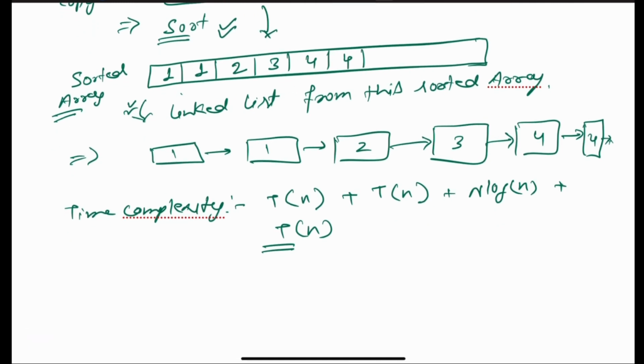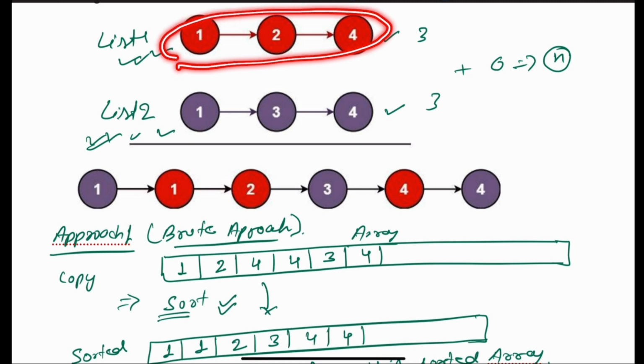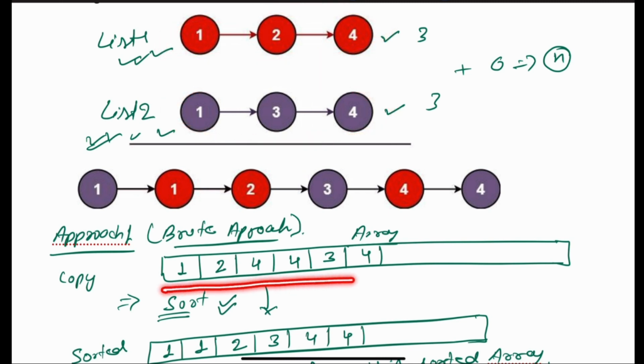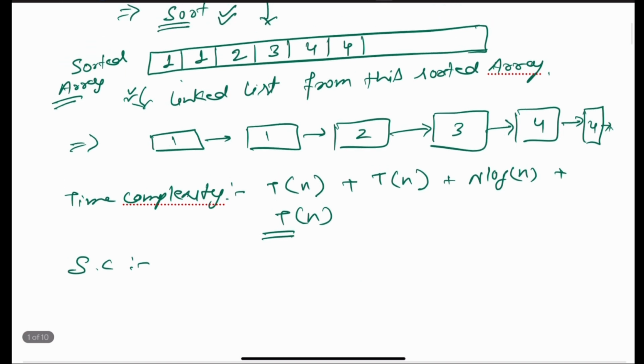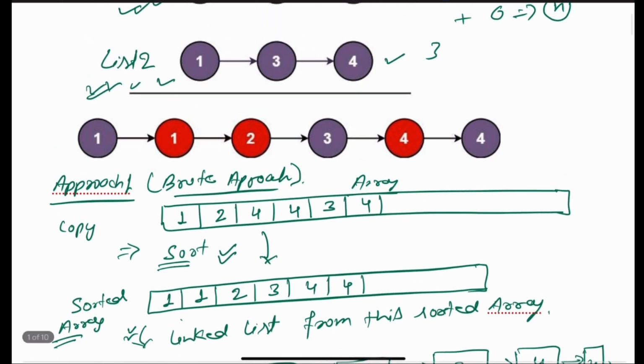So this is the complete time complexity of solving this problem using the brute force approach. Also, the space complexity: you're going to save all the nodes from list 1 and list 2 into a new array list, so this is going to take a space complexity of O of n. And again, you will convert this array list into a new linked list. You are not going to use the nodes of the already given linked lists, right?